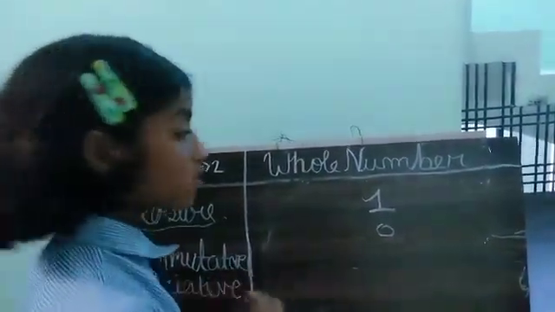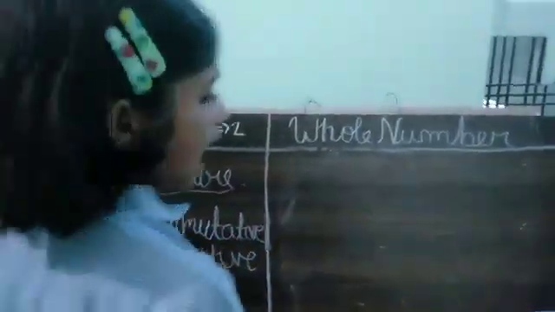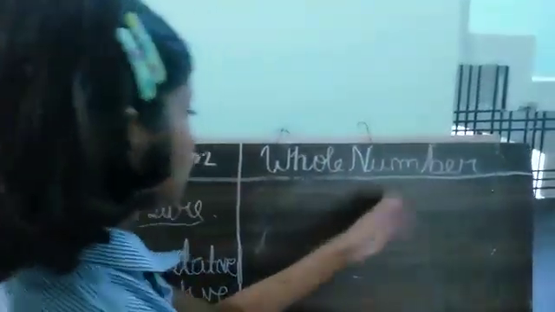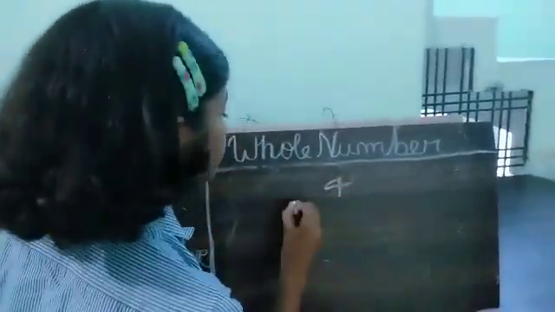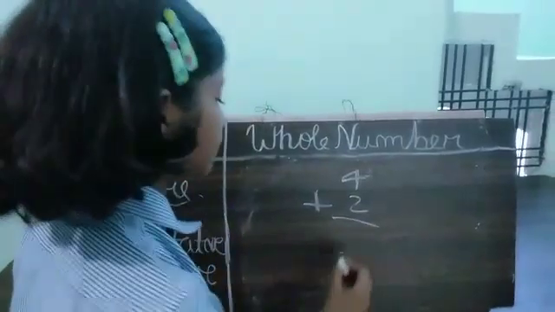Now our next topic is addition. What is addition? As we all know, to count a number and add a number to any other number is called addition. So the question is how to do addition. 4 plus 2 equals 6.